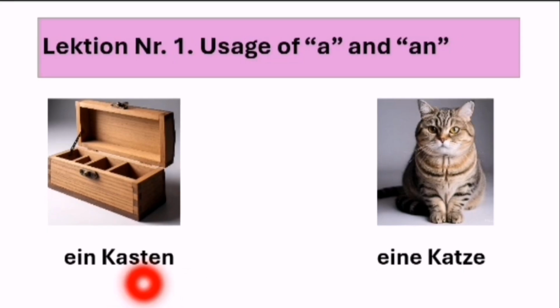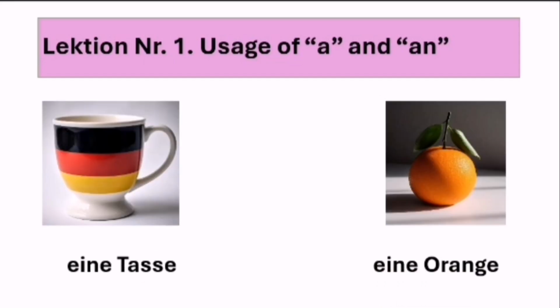Okay, so Kasten is a word or noun that is masculine in German. That is why we are using ein Kasten. And Katze is a feminine noun, so it is eine Katze. Eine Tasse, a cup. Eine Orange, an orange.